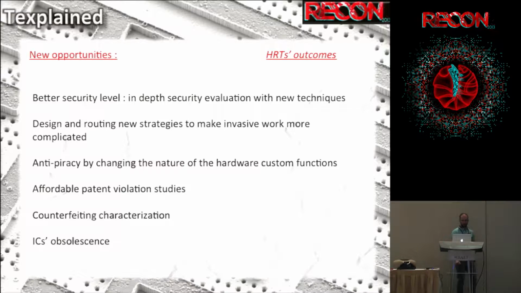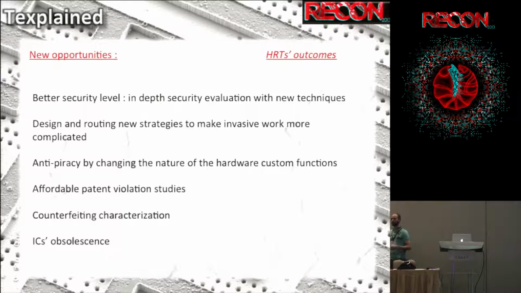What next? Yes, it will help also in things like patent violation studies, because you can just look, did they steal my patent? Yeah, let's have a look. Or you can take counterfeits and look at them just to make sure they are counterfeits. And it can also be useful in case of IC obsolescence, for example.